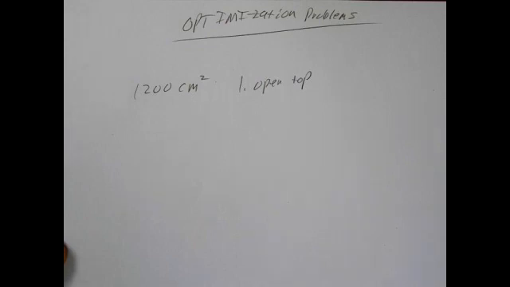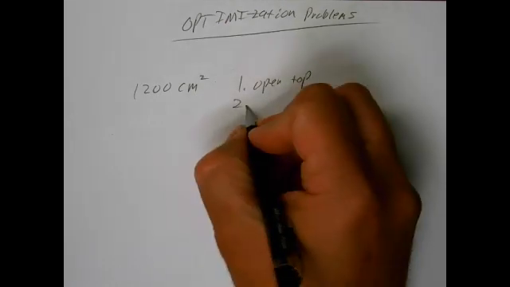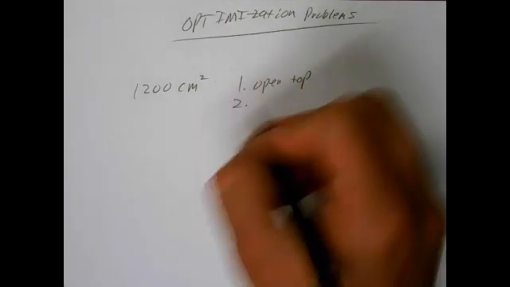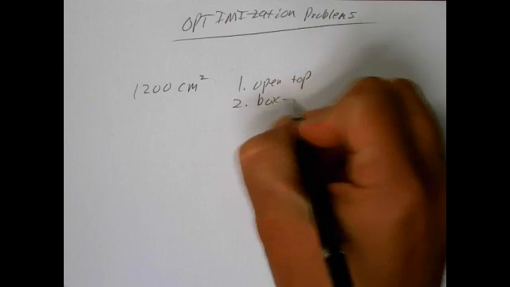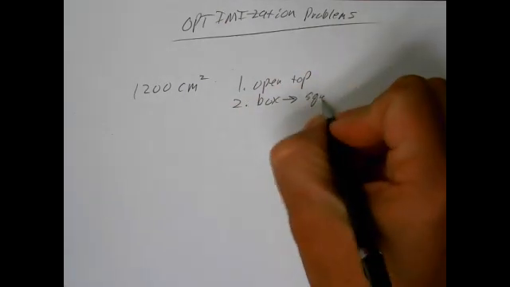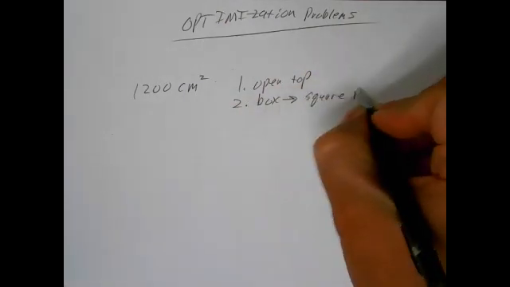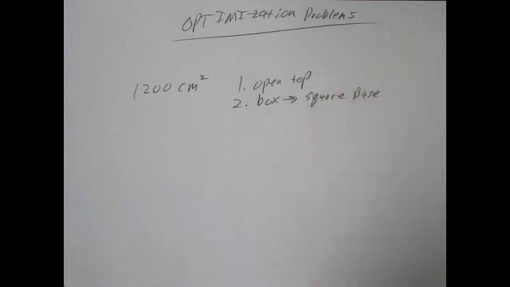That's important because our material will not therefore be used in the building of the top. It is a box, but this box is going to have a square base. Pure and simple, the reason for having the square base is to cut down on the number of variables we have to deal with.